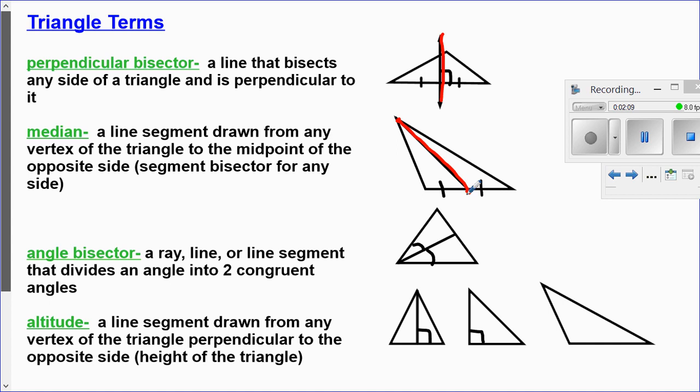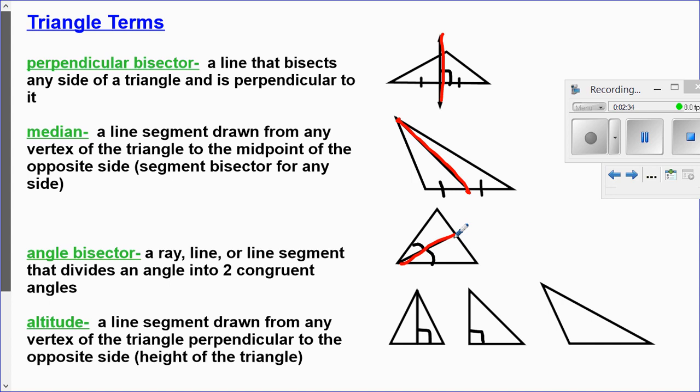So if I'm looking at this angle here, that angle is cut in half or into 2 congruent angles. Notice the angles are what are marked congruent. So that red line segment is the angle bisector. It's, in this case, the line segment that is cutting that angle into 2 congruent angles.